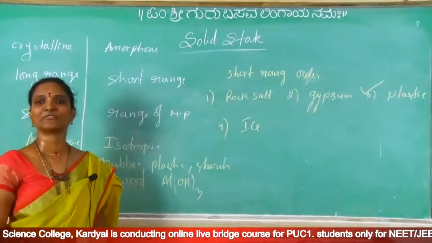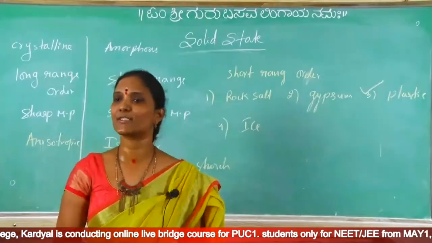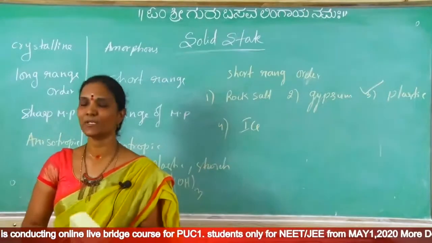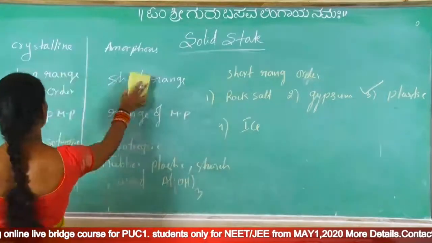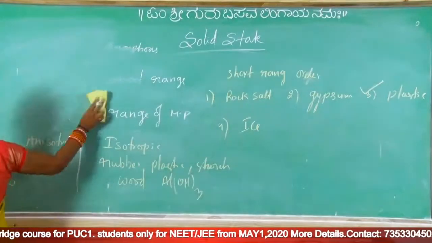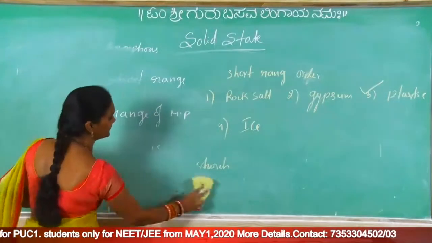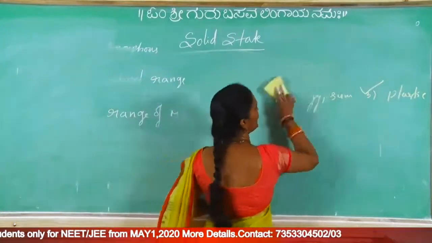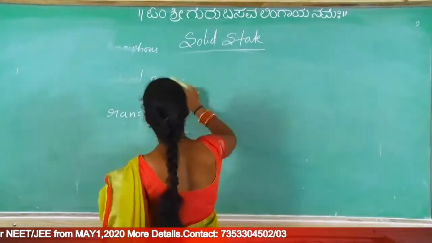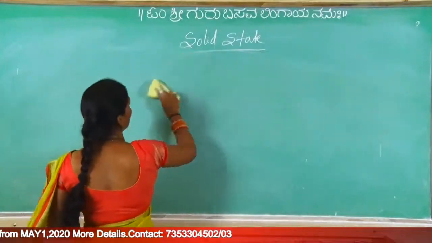This is about differences between crystalline solids and amorphous solids. Clear? Next, let's come to the next topic: types of crystalline solids.